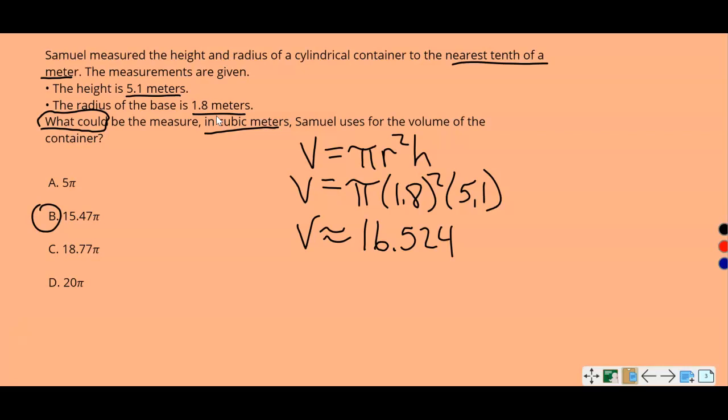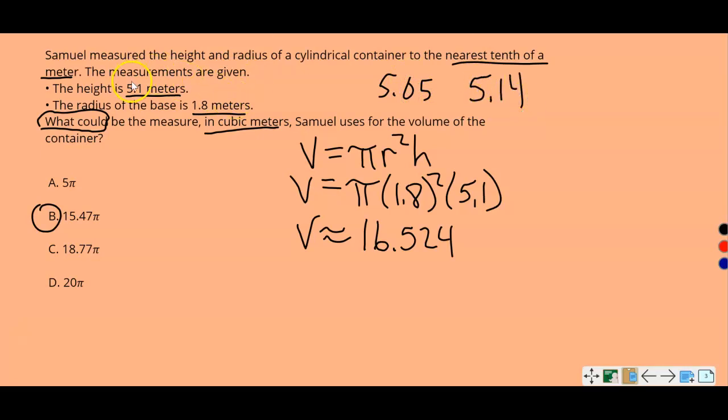So if we look at that, we know that 5.1, remember if it's a number less than 5, you round down, and if it's a number greater than 5, you round up. So 5.1 could have been anything between 5.05 and 5.14.